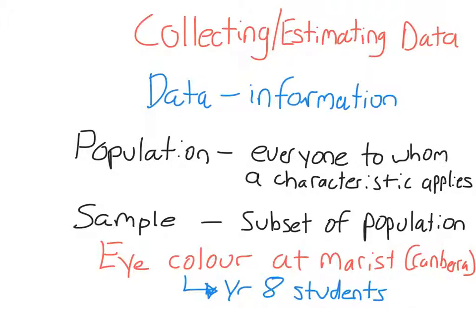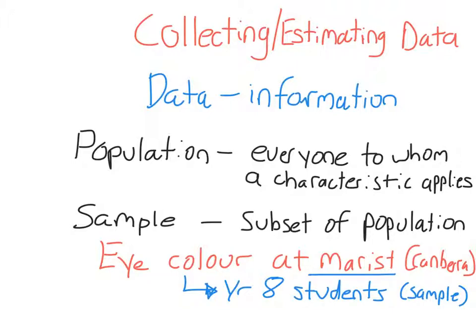There are about 200 Year 8 students, so that'll obviously be much quicker than asking all 1,200 students. In this case, all of the students at Marist from Year 7 to 12 make up the population. The Year 8 students make up a sample. So, everyone at Marist is the population, and Year 8 students make up a sample, okay?